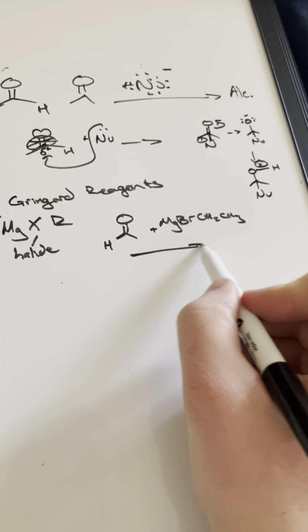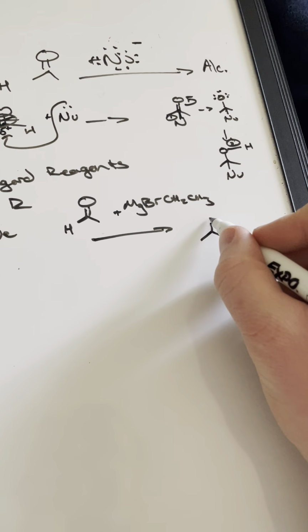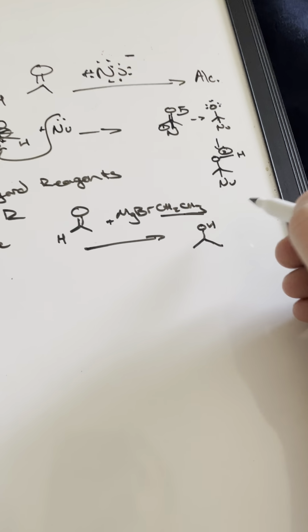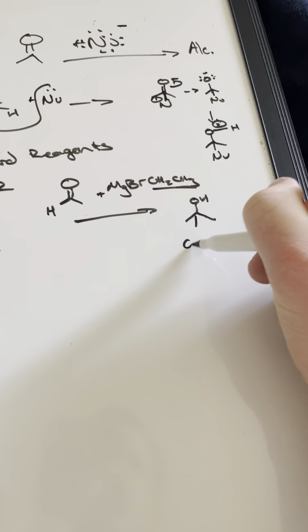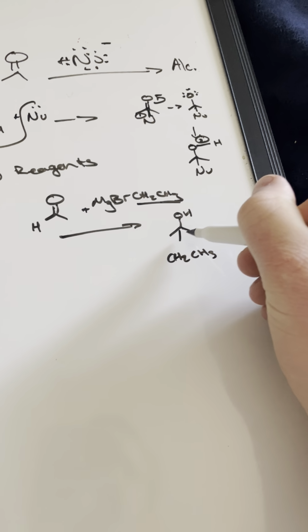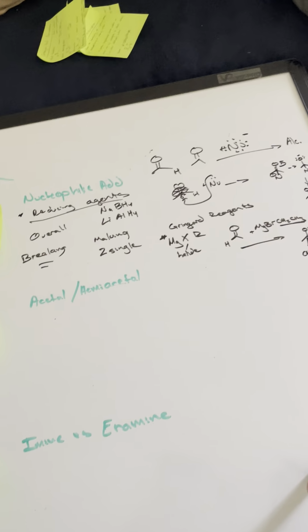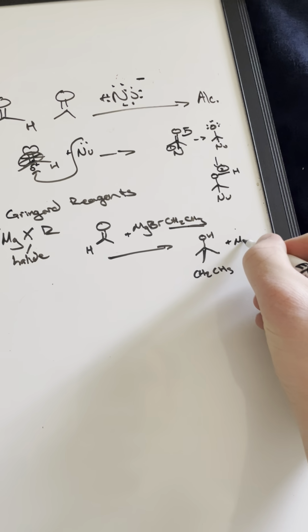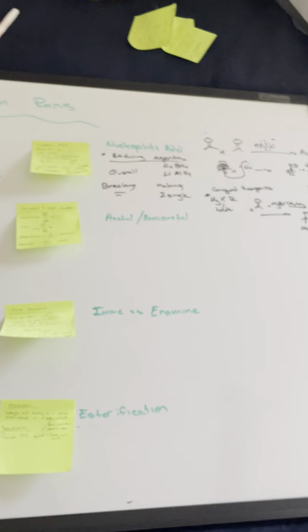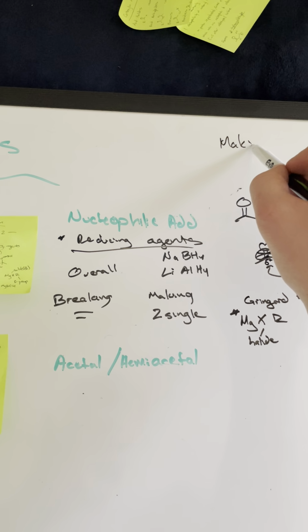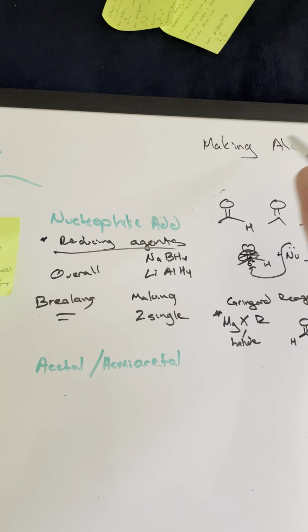And then the overall reaction for that is going to be, we're going to make that an alcohol. And then we're not going to add any of those, but we're going to add the CH2CH3. And then in solution, you're going to have MgBrOH. And that's pretty much for that. So you're just making alcohols, right?